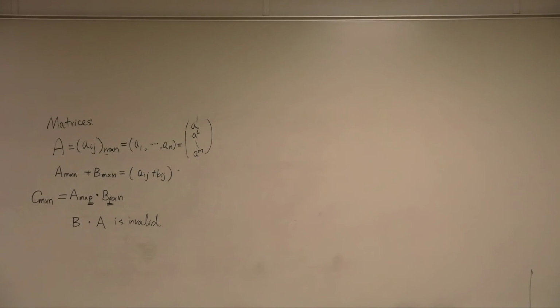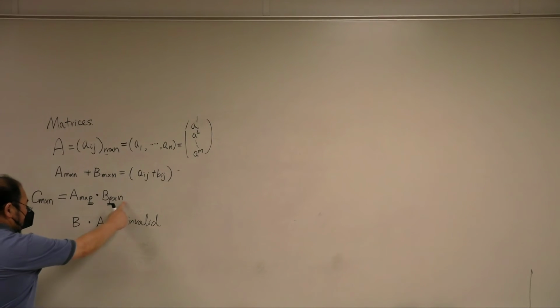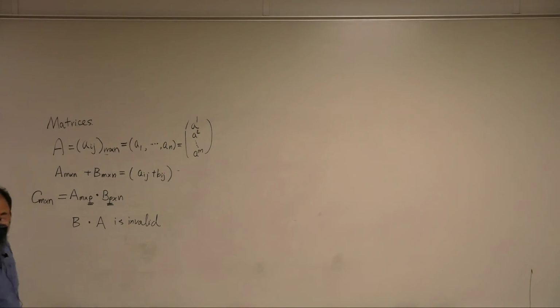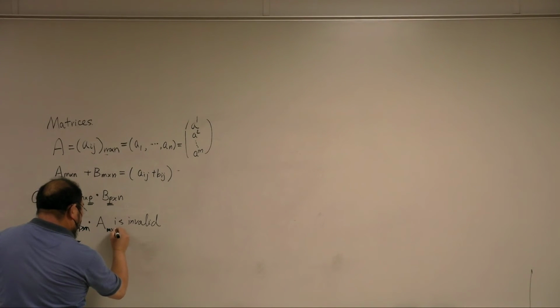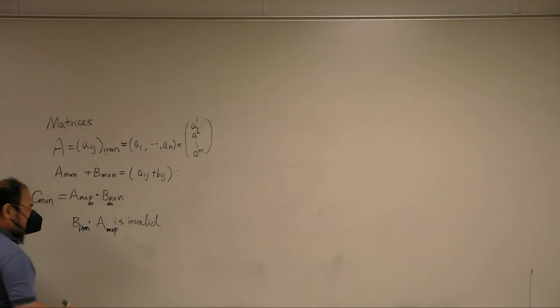Why? N may not agree with M, correct? So this is P by N, M by P, unless M equals N, correct?